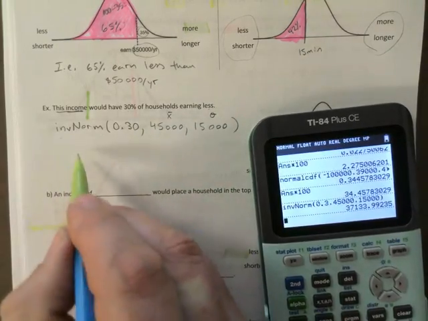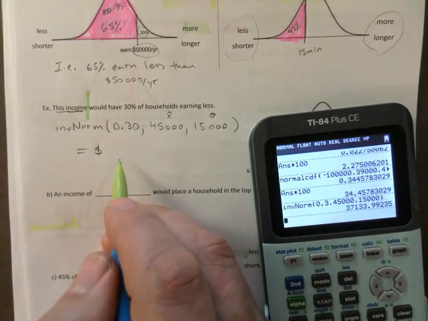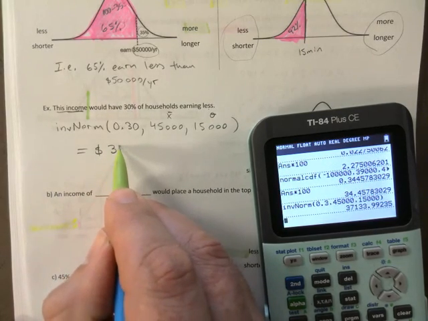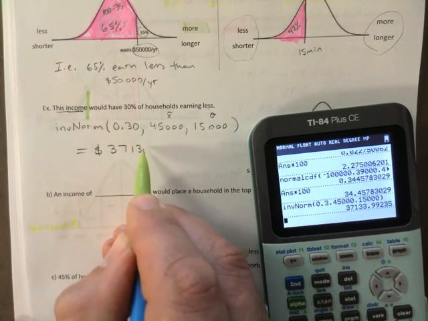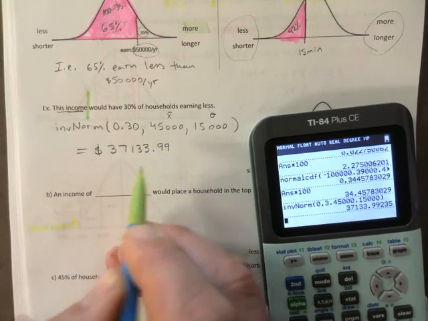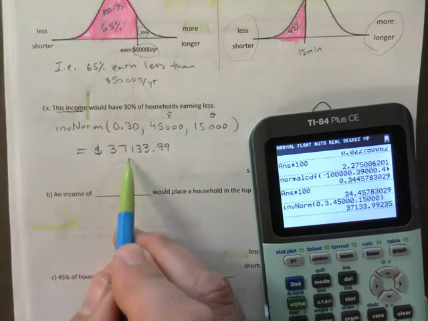There it is. Where now inverse norm gives you, in this case, the dollar amount, okay? The actual dollar amount. So if you made $37,133.99, right? That income would put you in a place where 30% of families earn less than that.